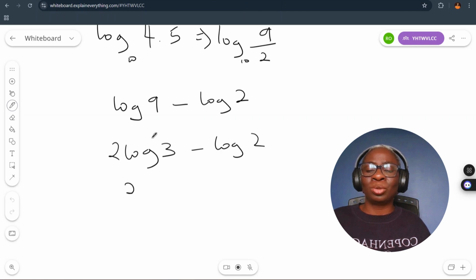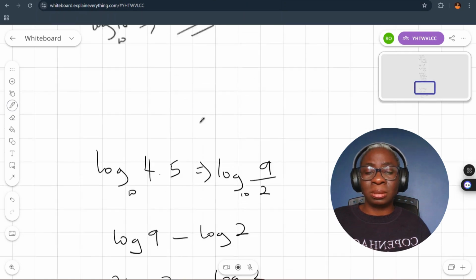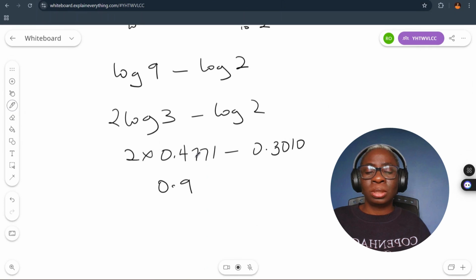And that will be 2 times 0.4771 minus 0.3010. And this will be 0.9542 minus 0.3010.